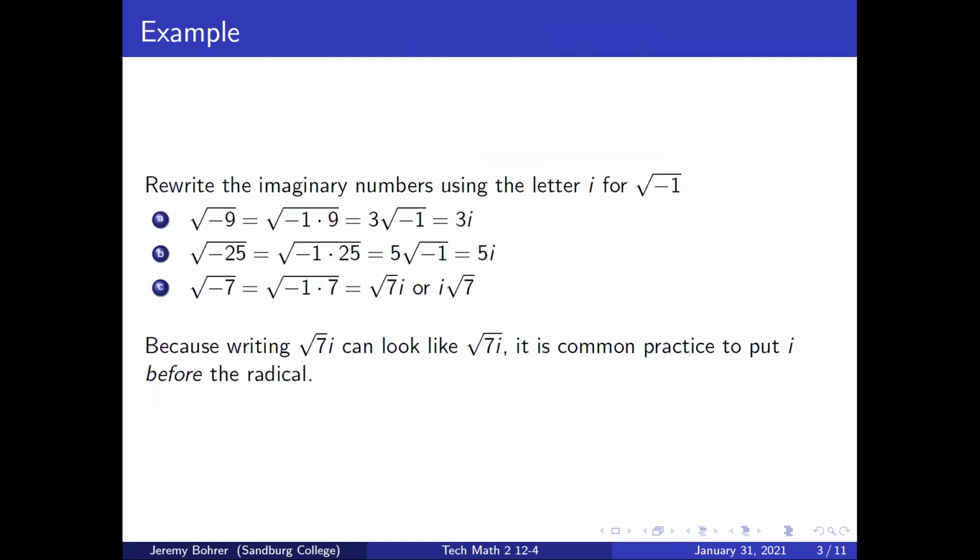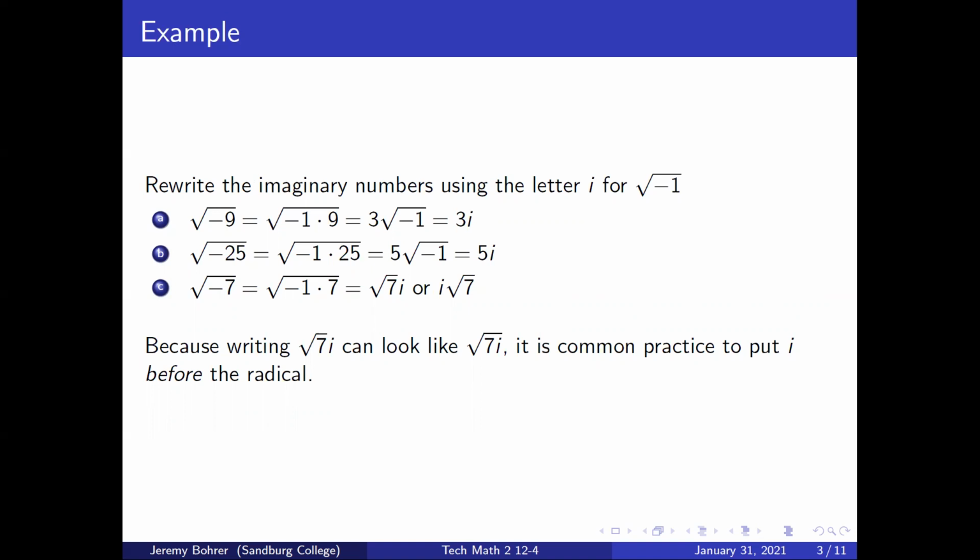Rewrite the imaginary numbers using the letter i for the square root of -1. The square root of -9 is equal to the square root of -1 times 9, which is 3 times the square root of -1, which is 3i. The square root of -25 is equal to the square root of -1 times 25, which is 5 times the square root of -1, or 5i.